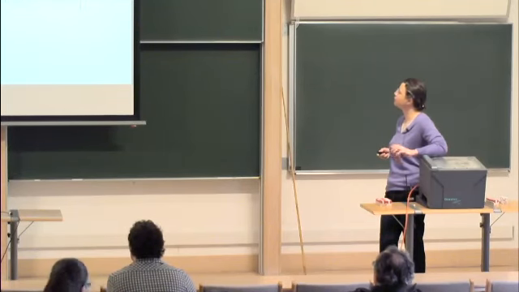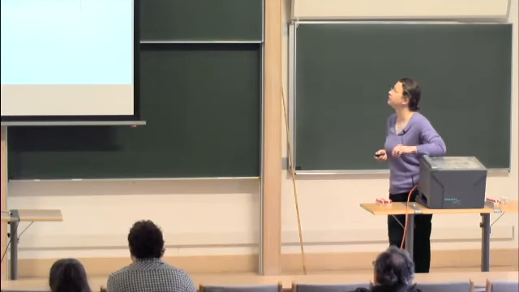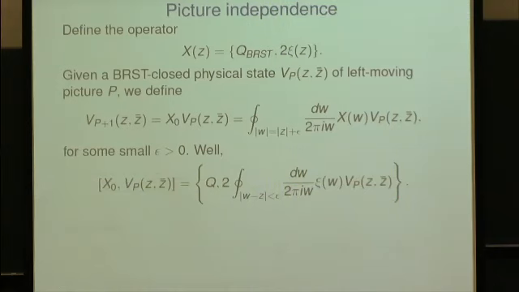Now, it's also possible to show that the amplitudes are independent of the distribution of picture charge between the vertex operators. To show this, one introduces a picture changing operator, this object over here, X of z. This operator commutes with the BRST charge, it has ghost charge 0 and picture charge +1.